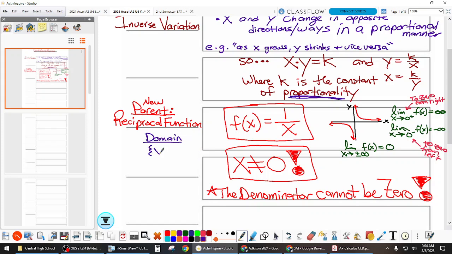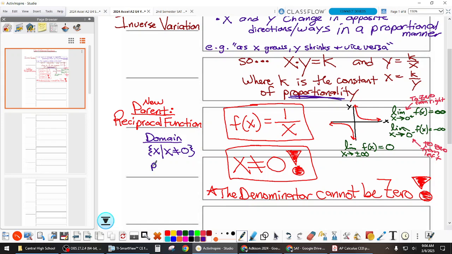A brace, all values of x, line, x cannot be 0, brace. That says the same thing without doing all the intervals. Because some of these, you're going to have to break up into like 3 or 4 intervals. And it's easier just to make a list of things it can't be instead of doing 3 or 4 intervals.